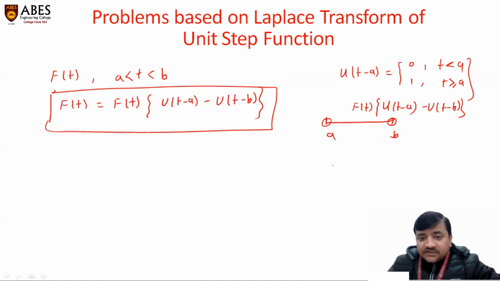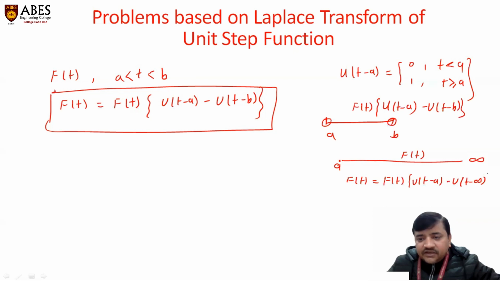Also, if the function is defined in the interval a to infinity, and the name of the function is again f(t), then this f(t) may be written as f(t) multiplied by [u(t minus a) minus u(t minus infinity)].